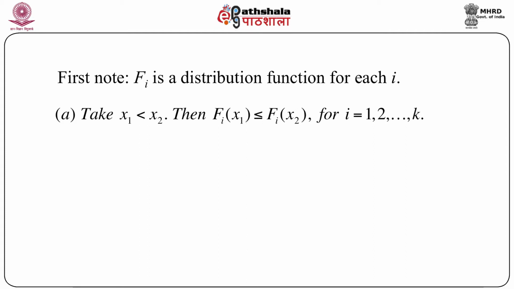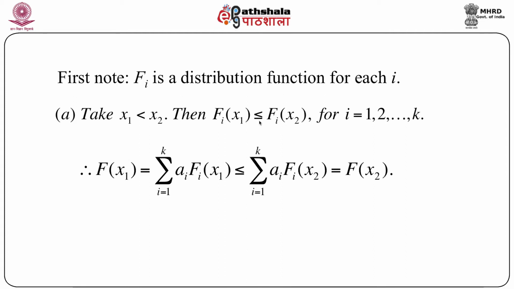We have to show that this property will be satisfied by capital F, that is summation ai Fi. So let's start with capital F of x1. We have to show that capital F of x1 is less than or equal to capital F of x2. Now capital F of x1 is nothing but summation i equals 1 to k ai Fi(x1). Since Fi is a distribution function, from the above line we can replace capital Fi(x1) by capital Fi(x2), but with a less than or equal to sign.